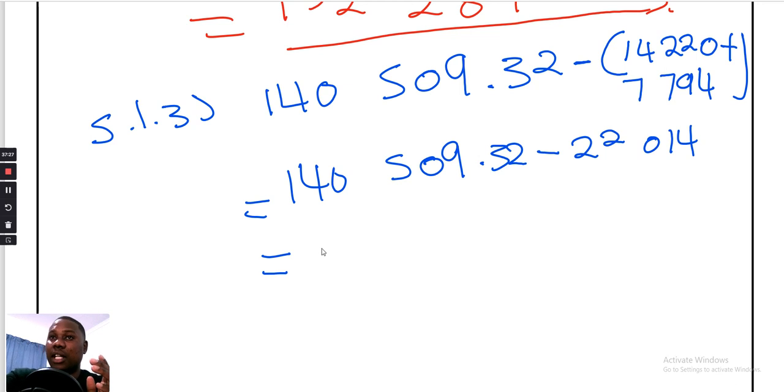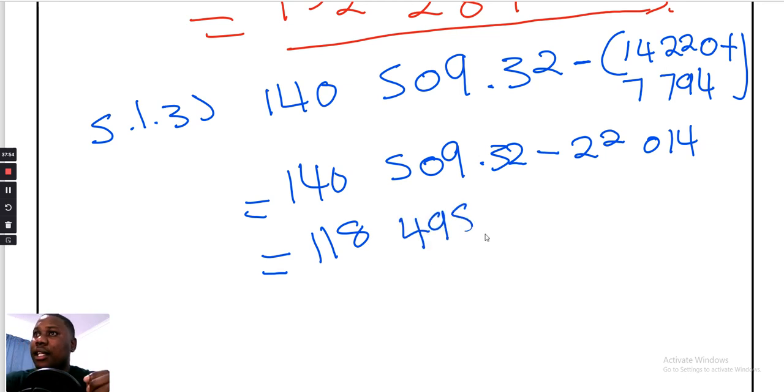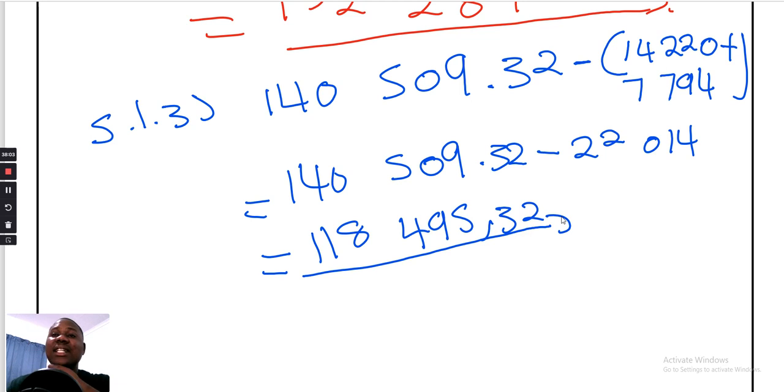So how much is the annual? Now that means we are calculating her annual tax after the rebates. Okay, so we're going to say 140,509.32 minus 22,014. So I get here 118,495.32. But this is not our final answer.